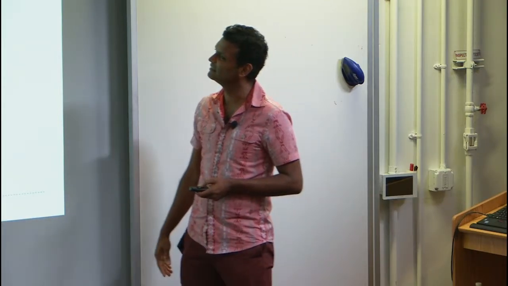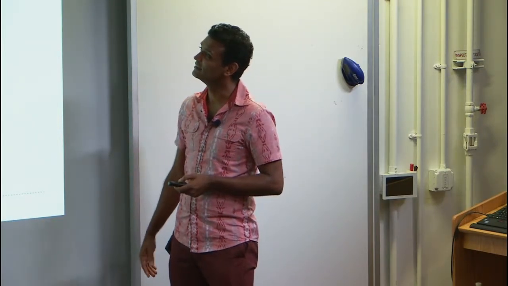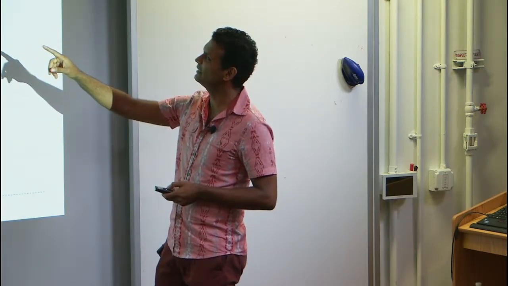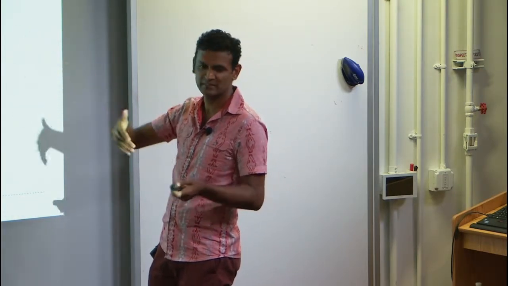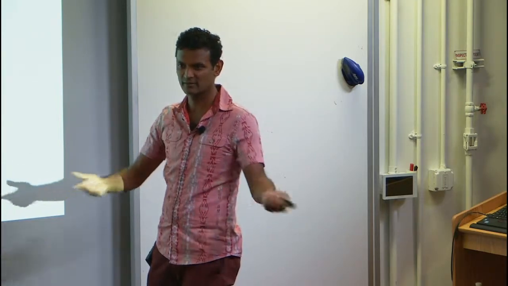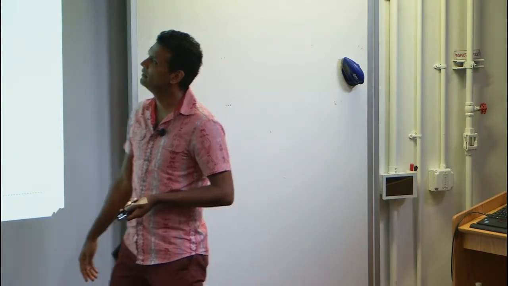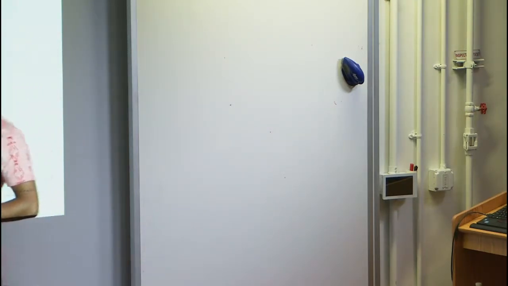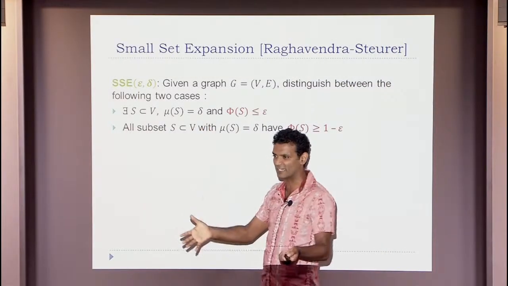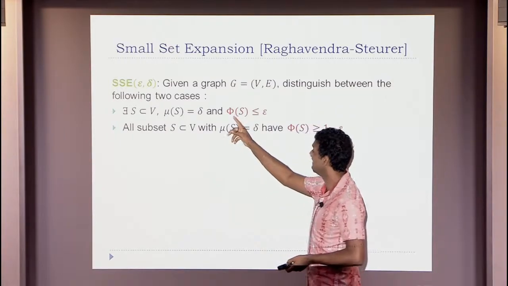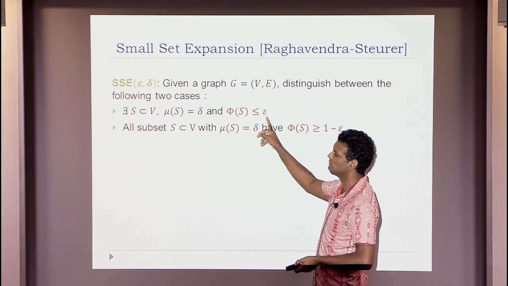Given a graph, another expansion problem. You have to distinguish between two cases, so it's a problem of deciding one or the other. Does there exist a subset of measure at most a delta fraction of the vertex weight, so that its edge expansion is at most epsilon?